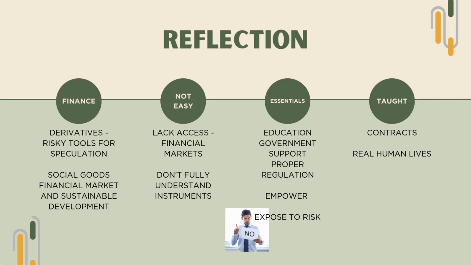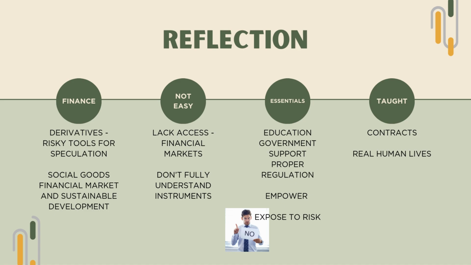This project changed how I think about finance. Before this, I saw derivatives mainly as risky tools for speculation. But I've learned they can also be powerful instruments for social good when applied carefully. They can bridge the gap between financial markets and sustainable development. I also realized that implementing this solution is not easy.